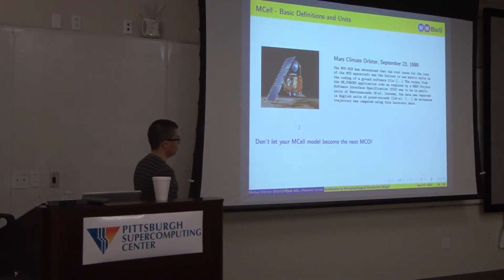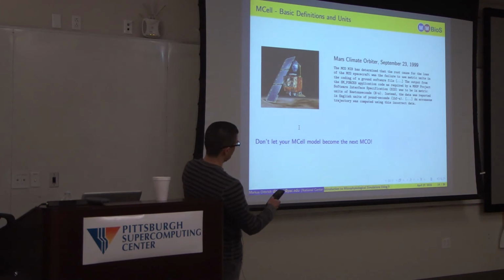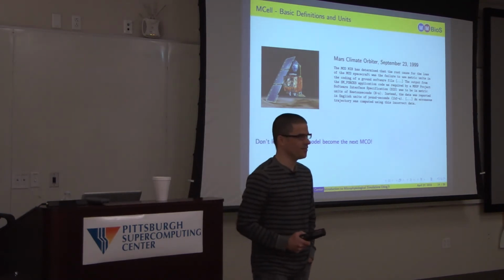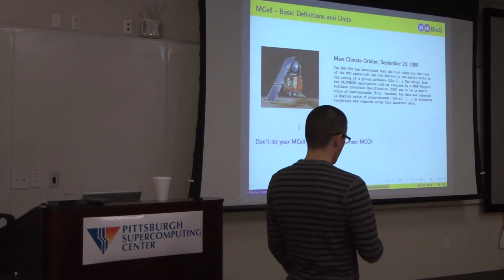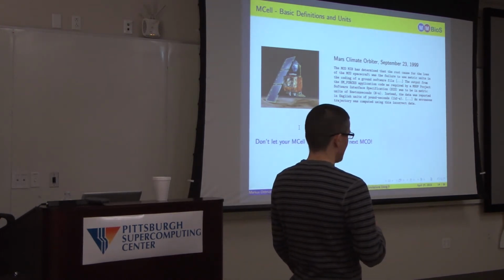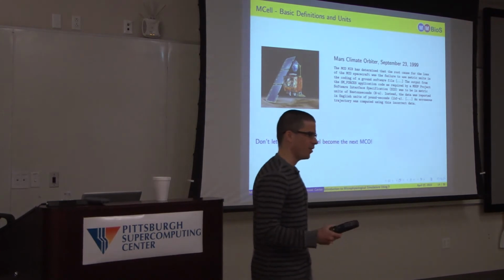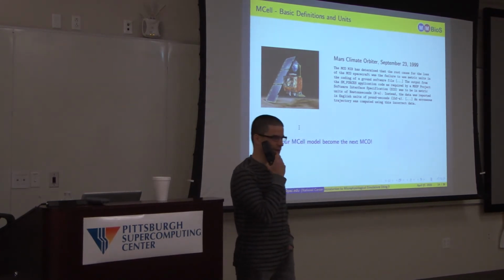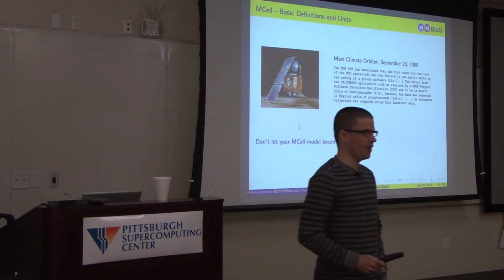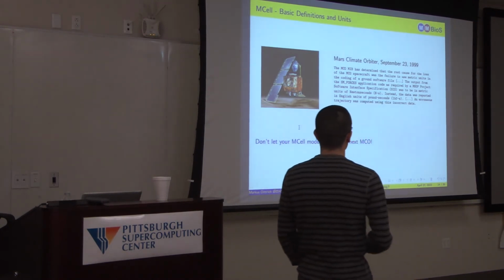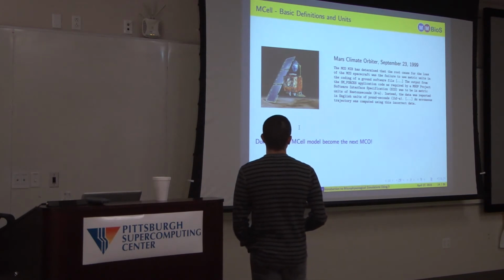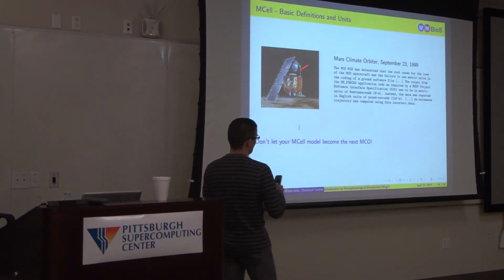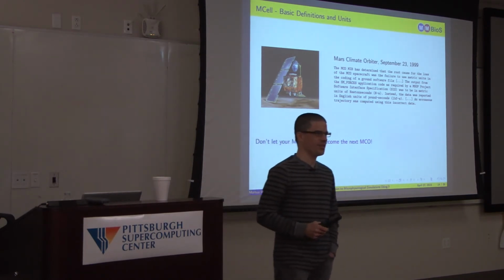It crashed and burned quite some time ago due to a very trivial reason, namely one part of the team was using SI units and some other part of the team was using imperial units, and they didn't know about this, and so they were of course off by a factor of 2.2, but that was good enough to basically destroy this thing.